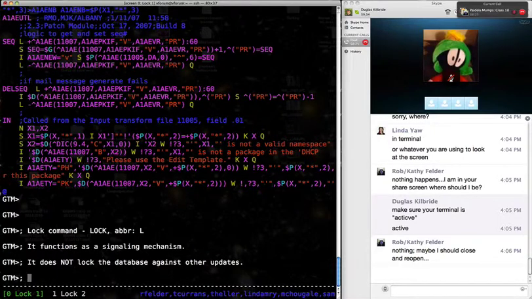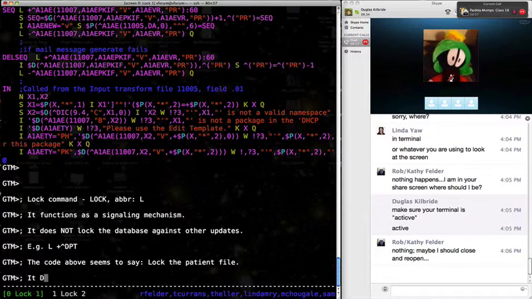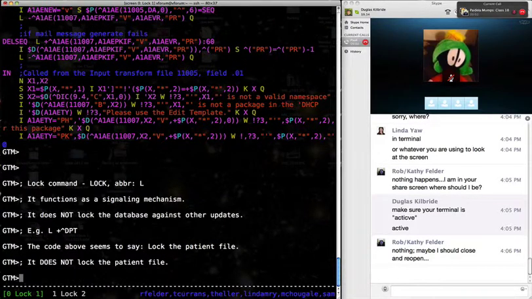When I say, for example, the code above seems to say lock the patient file. It does not lock the patient file. That's important. This really does not lock the patient file.